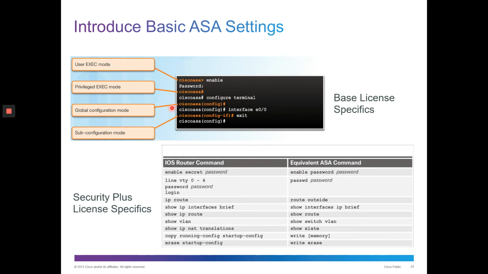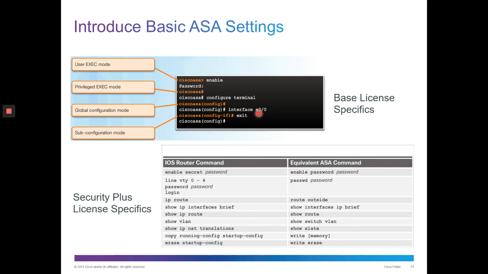And the rest of the things are the same. You got the user exec mode, the privilege exec mode, the global configuration mode, and you also got sub configuration modes like you have in your router and in your switch config when you go to the switch configuration. So there is no difference when you will be configuring your firewall. It is basically like your router.